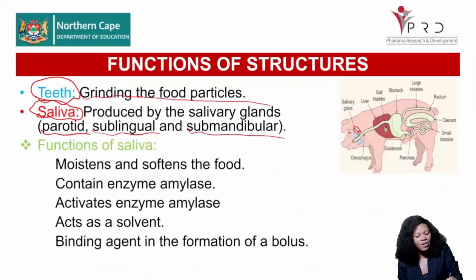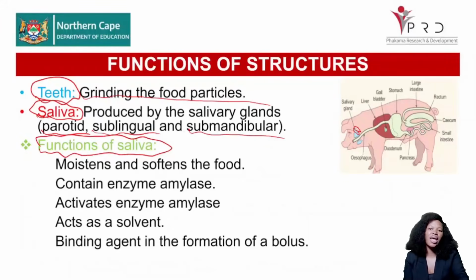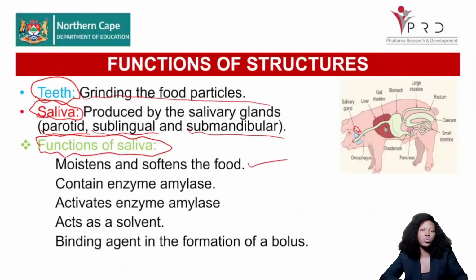Now, what is the role played by the saliva during digestion? Firstly, saliva is responsible for lubrication. It moistens and softens the food before the food is ground.